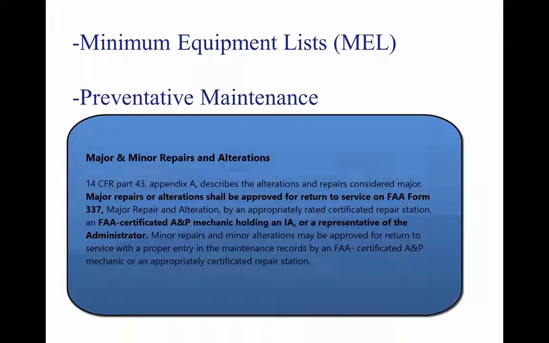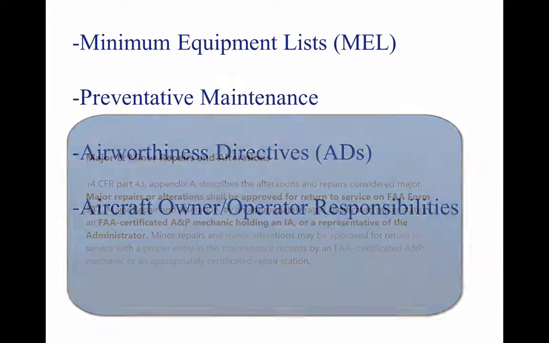Minor repairs and minor alterations may be approved for return to service with a proper entry in the maintenance records by an FAA certificated A&P mechanic or an appropriately certificated repair station.